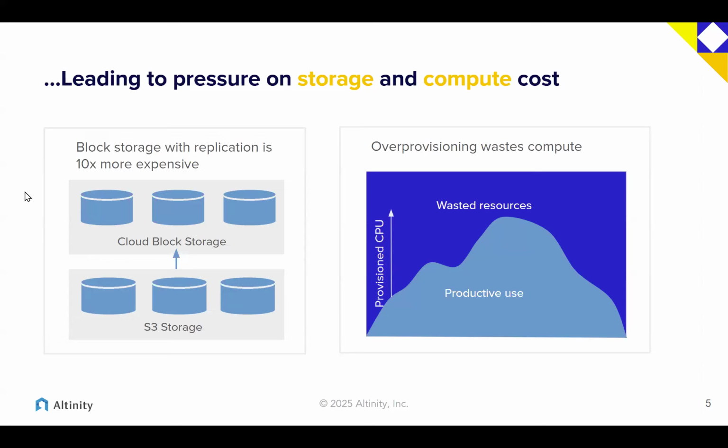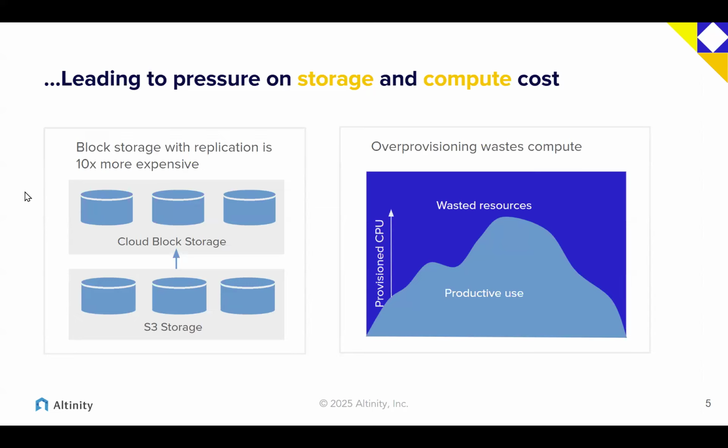The big problem is the block storage is very expensive. So if you're using EBS, which is popular block storage out in the cloud, by the time you get around to replicating it, it is over 10 times more expensive than using Amazon S3. So that's problem number one, that people, as they grow into these very large petabyte scale data sets or even hundreds of terabytes, storage becomes a dominating cost in the operation of analytic clusters.